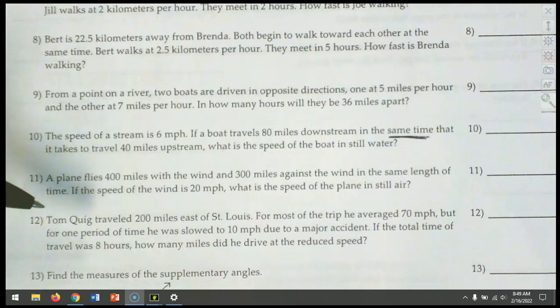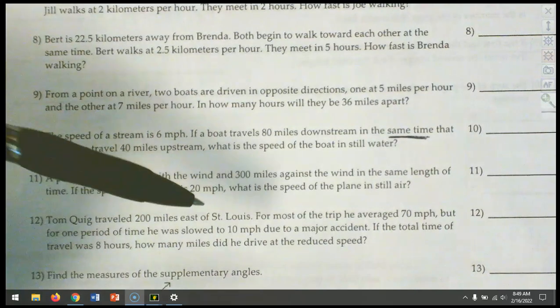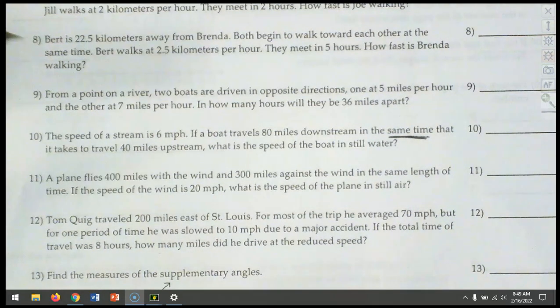So Tom traveled 200 miles east of St. Louis, and for most of the trip he averaged 70, but for one period of time he was slowed down to 10 due to a major accident. If the total time was 8 hours, how many miles did he drive at the reduced rate of speed?